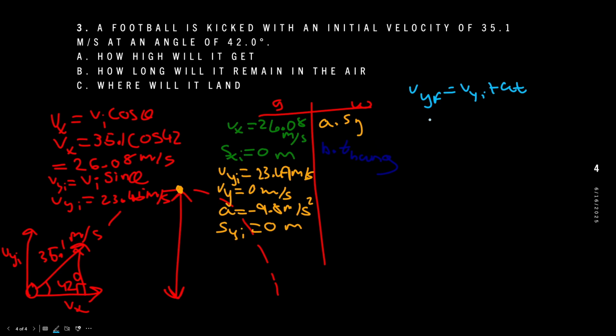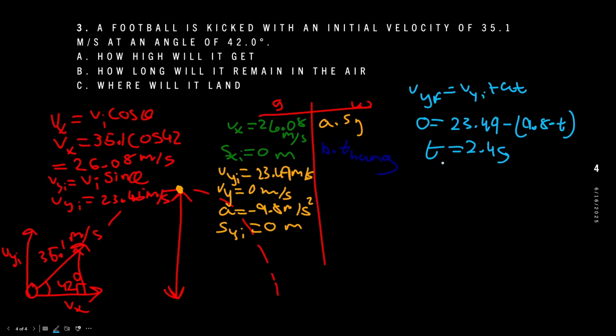And then we could plug in our numbers. So VYF is 0, VYI is 23.49, and then minus 9.8 times time. Then if we solve that, we get 2.4 seconds.